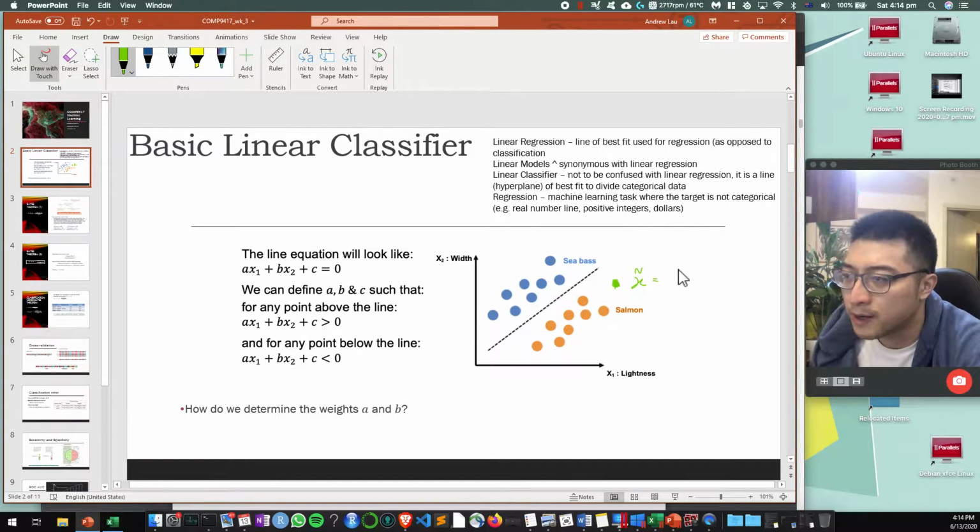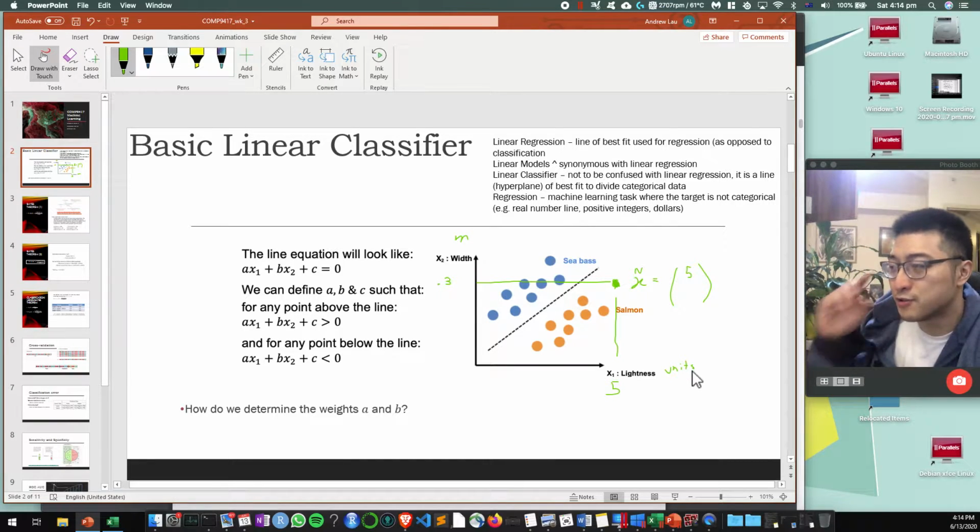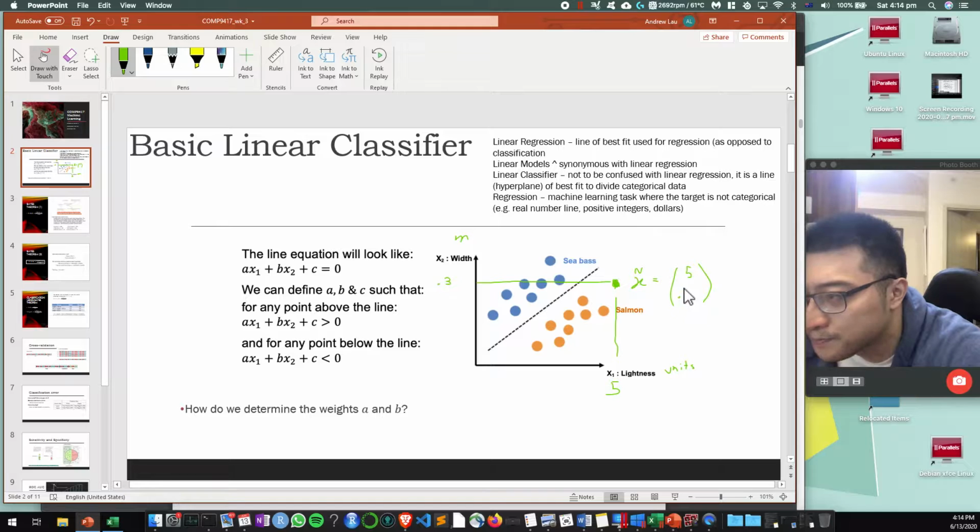But let's just call it some arbitrary unit of brightness or lightness, maybe 5. And in terms of width, that is easier. Let's go SI units. I'll call it 0.3, in meters. And this is in lightness units, we'll call it. I'm not a physicist, but we'll call it that.